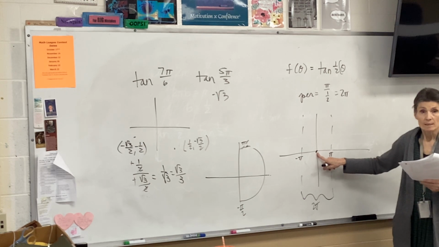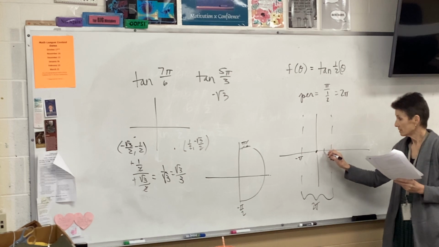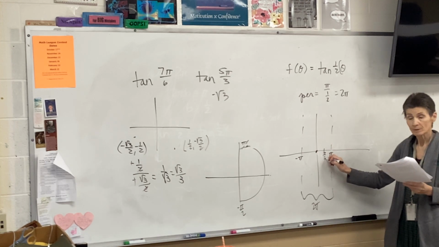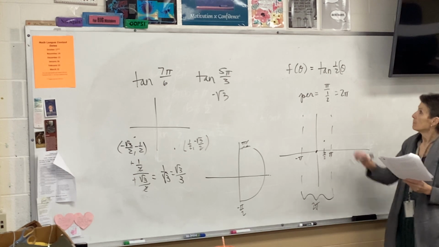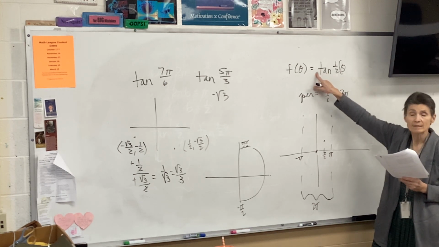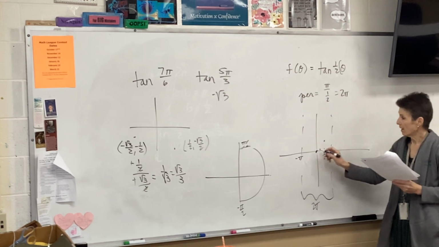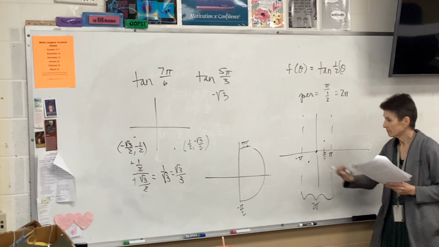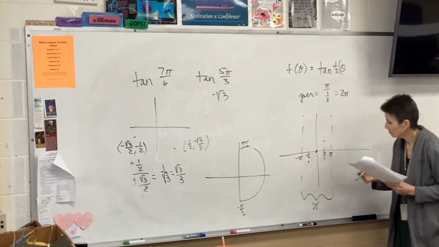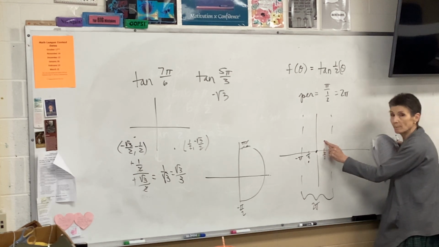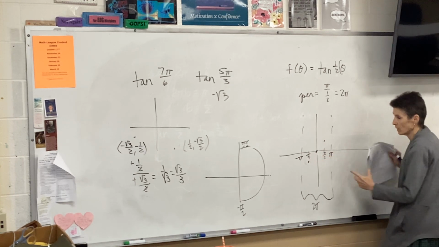Now, halfway between that would be pi over 2. Your dot should be up 1 because you do not have any kind of vertical dilation. Other way, down 1. So that would be at negative pi over 2. So plot the point, pi over 2, comma 1, and negative pi over 2, comma negative 1.